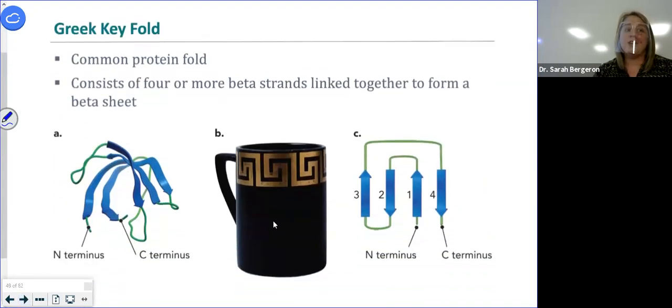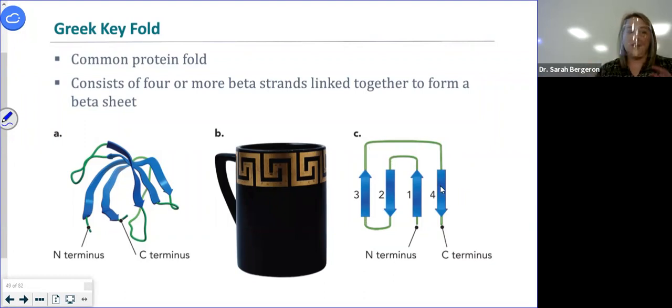Another common one is the Greek key fold. So this one is beta strands that are linked together. You can see here, you start with the N-terminus, right? And these beta strands are all going to line up and then kind of twist in 3D. So they all follow that kind of maze structure.